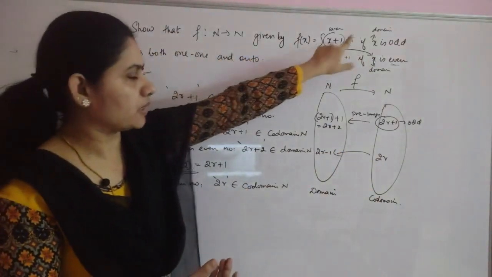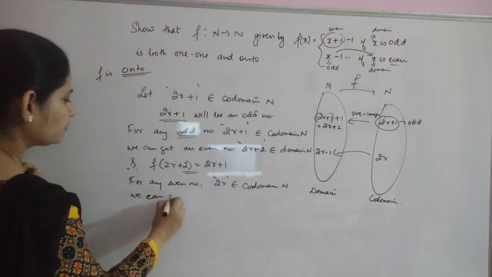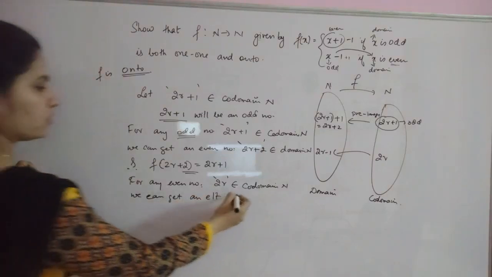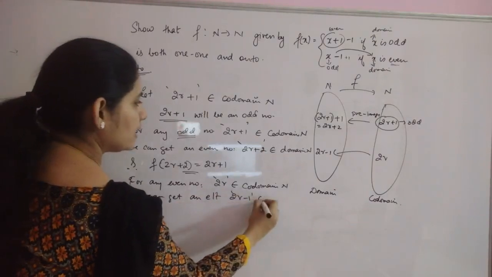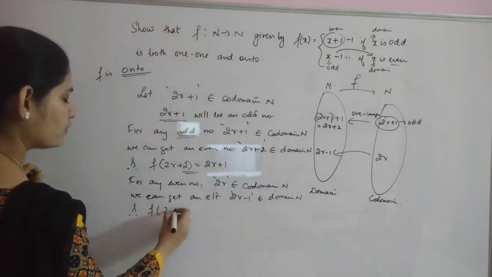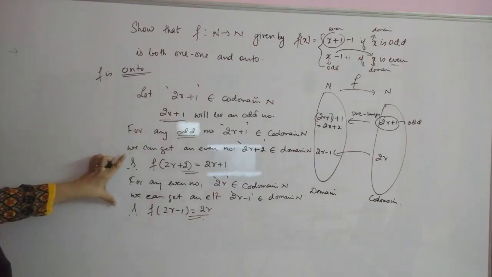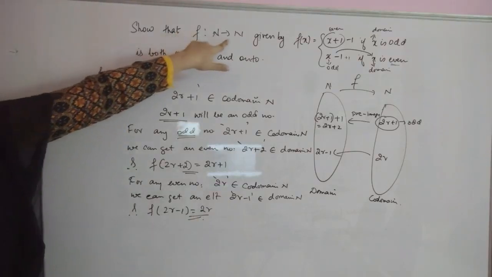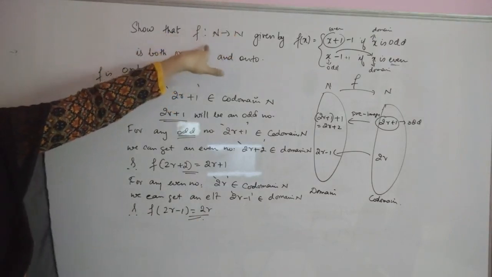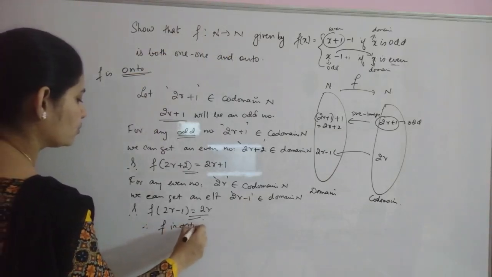So for any even number 2r in the codomain, we can get an odd number 2r minus 1 in the domain N, such that f of 2r minus 1 will give you 2r. So for all the elements in the natural number set, you have a pre-image. For this set, you have a natural number in the domain. Therefore f is onto.